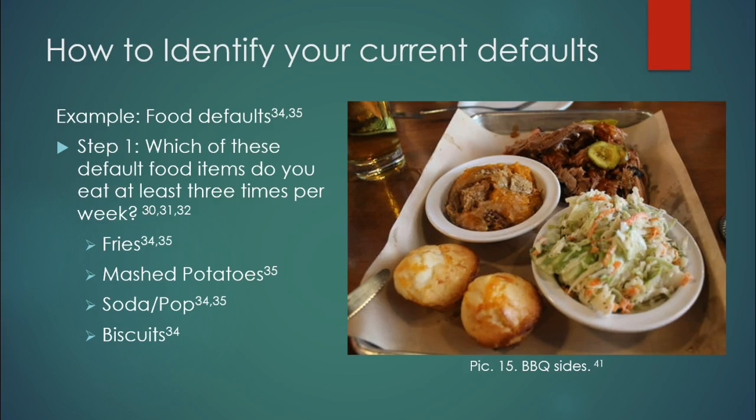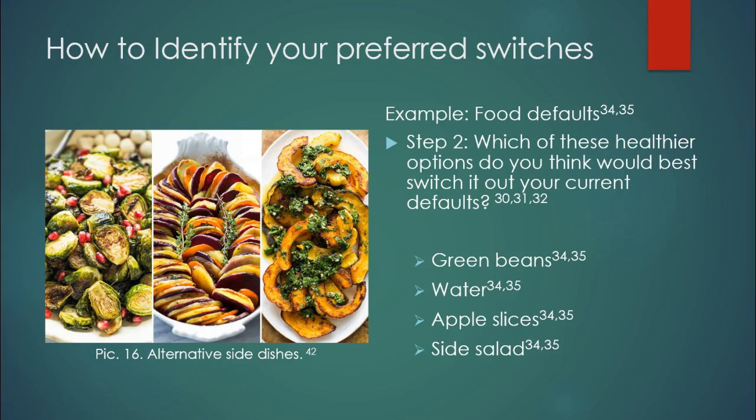So, how to identify your preferred switches. Step 2 is to identify those preferred switches. When it comes to healthier switches, you need to keep your preferences in mind. There are a lot of options out there, and if you've never tried it, you should try it at least once and make kind of an adventure of it. I personally like this little bit of ratatouille in the center right here. It's delicious, and the great thing about ratatouille is you can make it with your kids while you're watching the movie.